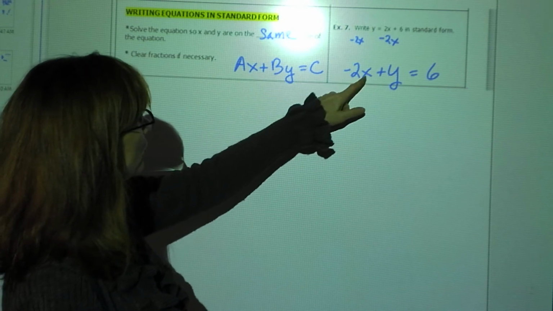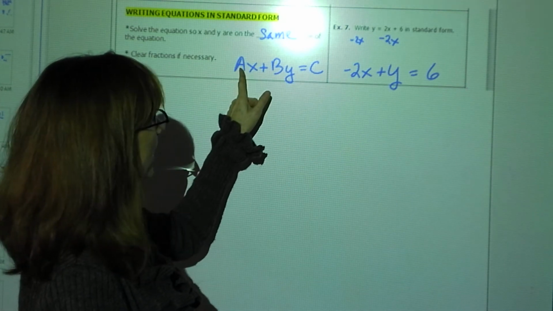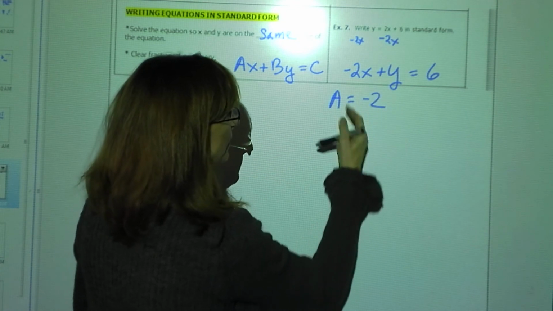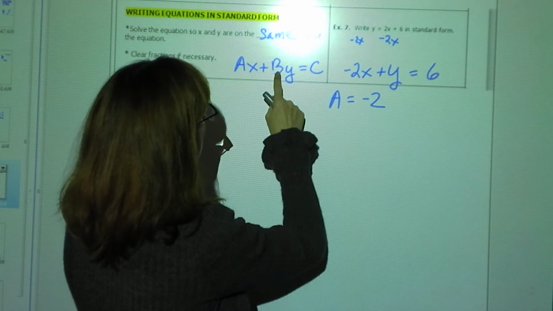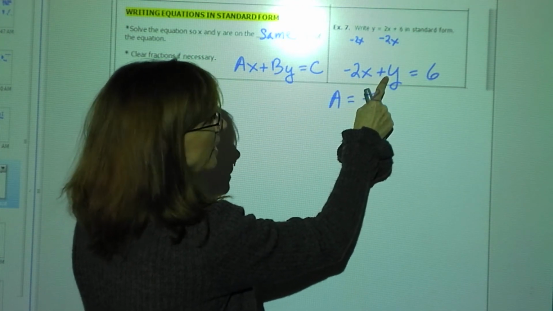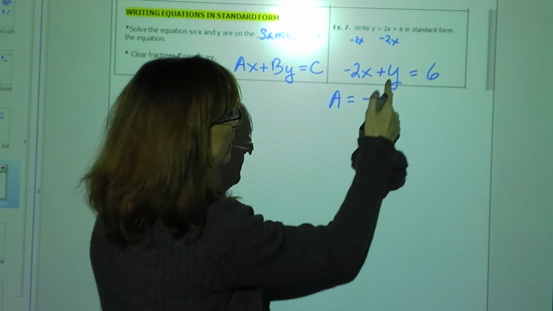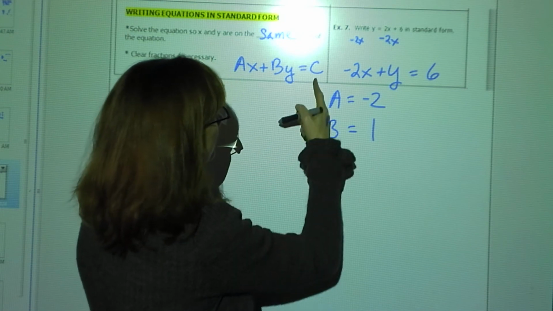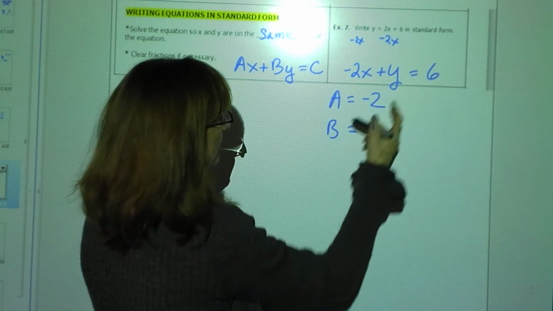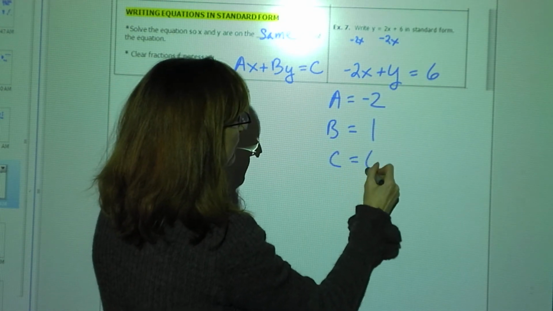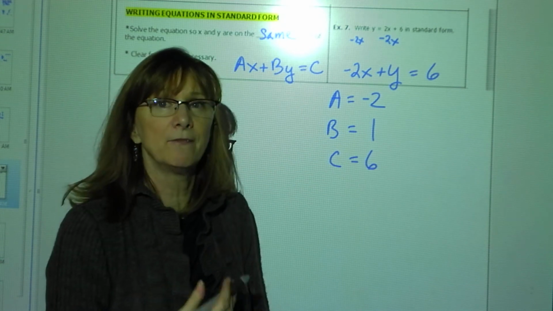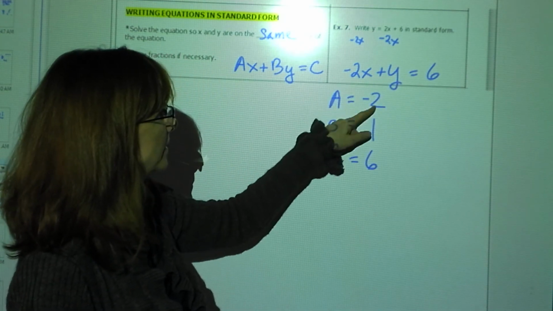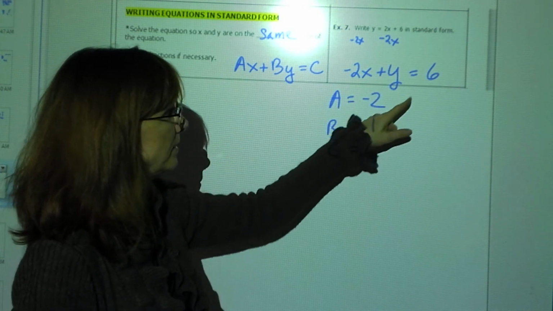Notice the coefficient of x we call a, so in this case, a is -2. B is the coefficient of y. Remember, when there's no number written in, it's understood to be 1. And C corresponds to the constant here, which is 6. So if you're asked to identify the values for A, B, and C in this equation, A is -2, B is 1, and C is 6.